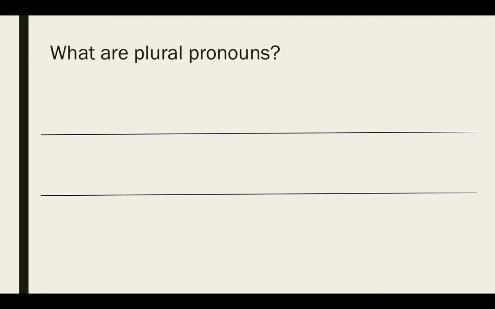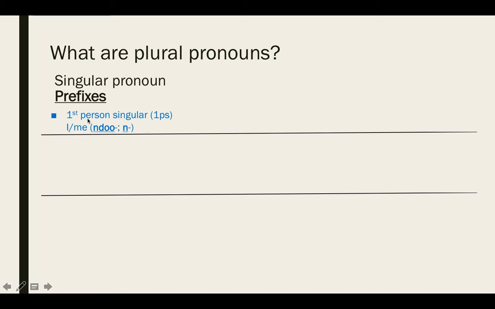So what are plural pronouns? We're going to have our singular pronoun prefixes over here. When we have a verb for first person singular, I or me, it's ndo or n in front of our verb. Second person singular, that's the you, we have a gdo or g in front of our verb.